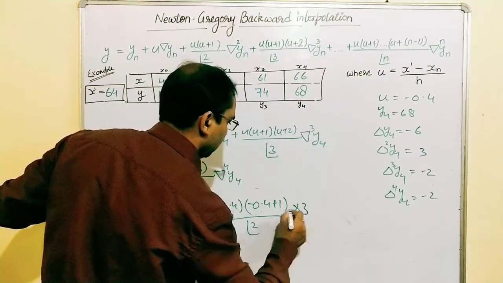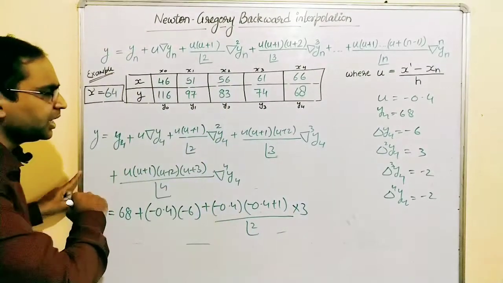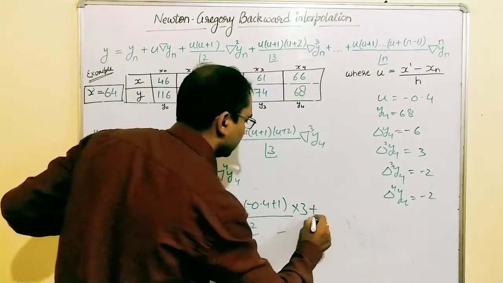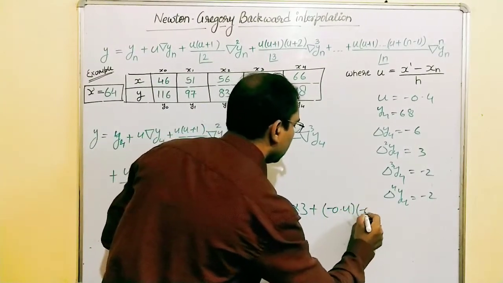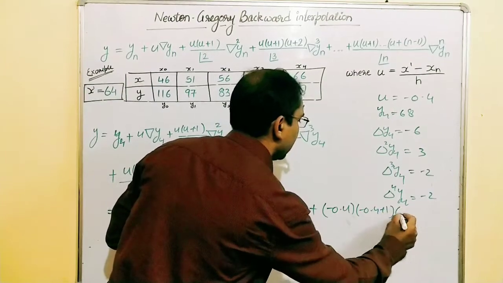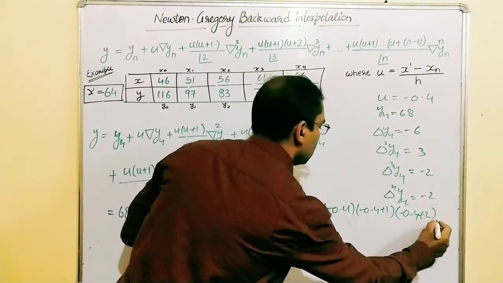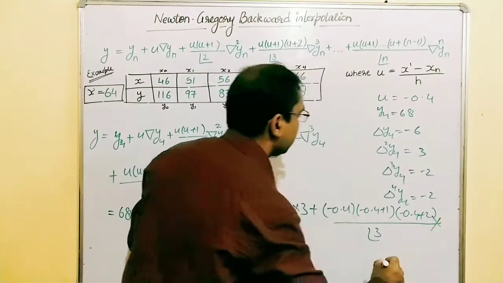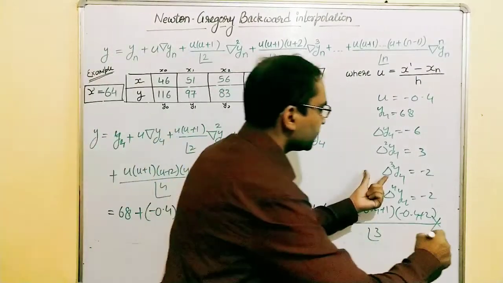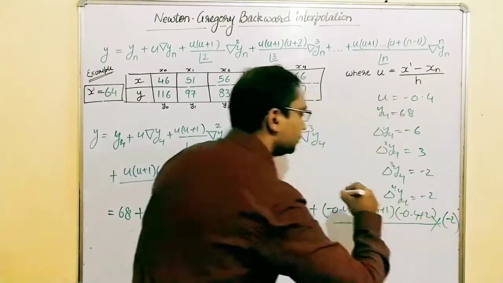So this is multiplied by 3 plus minus 0.4, minus 0.4 plus 1 and minus 0.4 plus 2, whole divided by factorial 3, multiplied by del 3 y4, which is minus of 2.